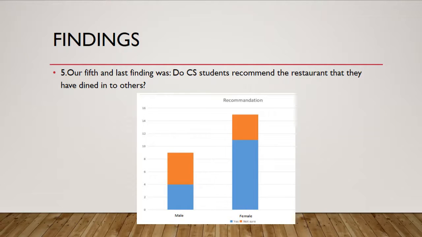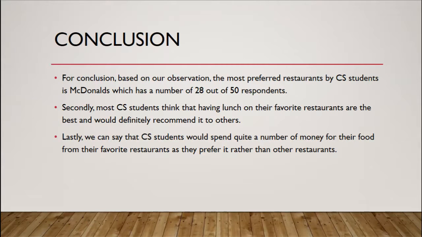Only a few are male. For males, maybe they don't want to share, or they don't want to recommend the restaurant to others because they really love the restaurant. Okay, that's all for our findings.